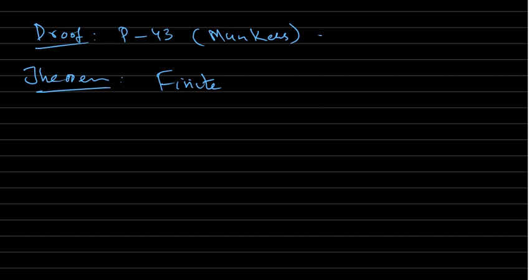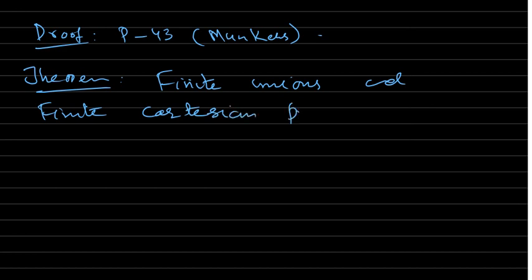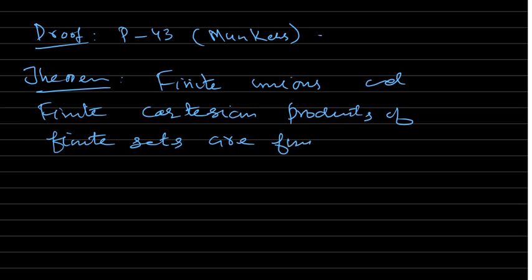So finite unions and finite Cartesian products of finite sets are finite. तो इसका भी जो प्रूफ है you can see it at same page number 43.